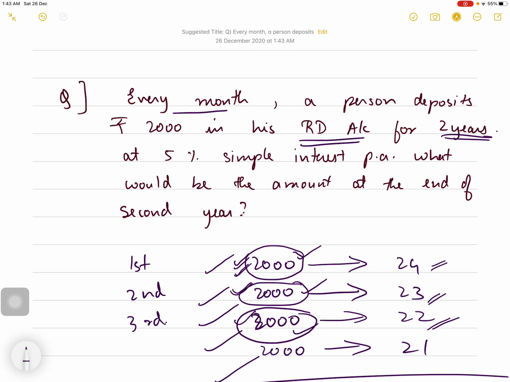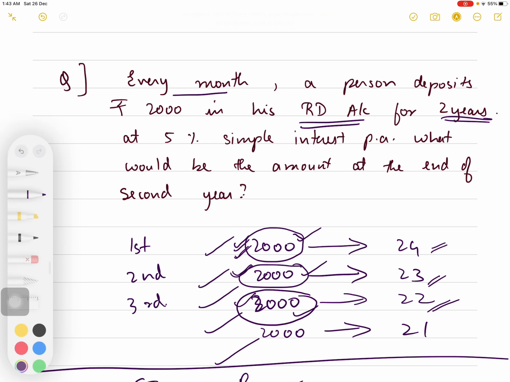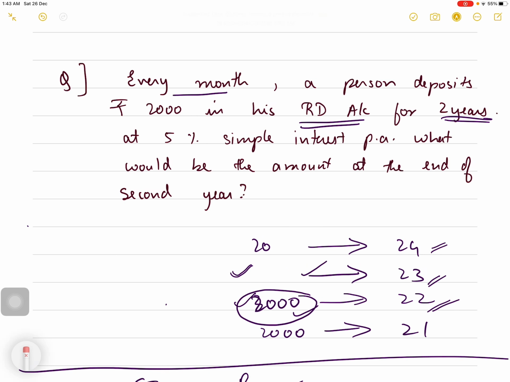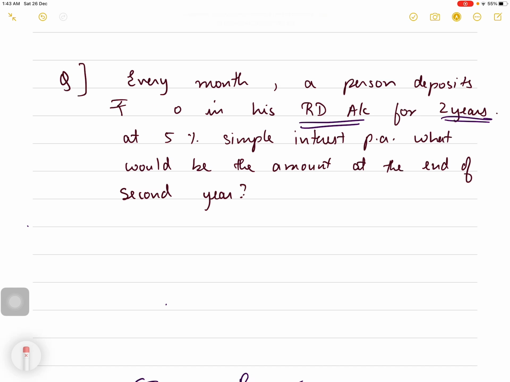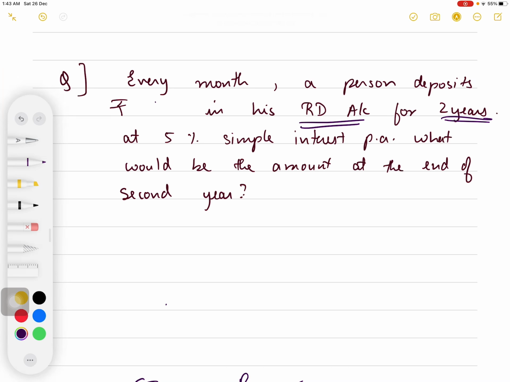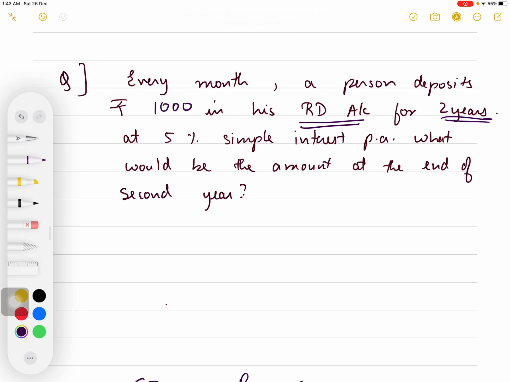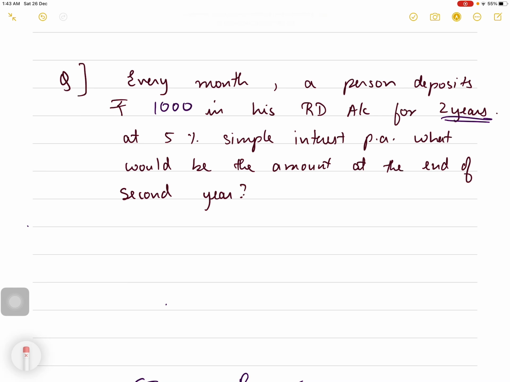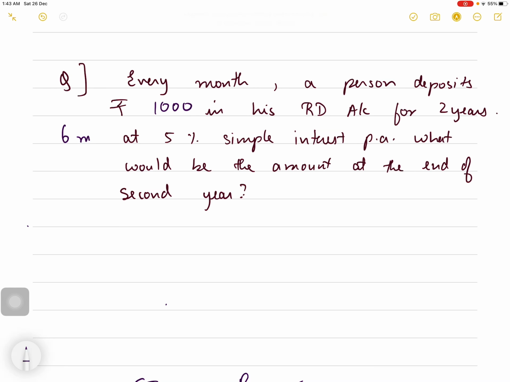You have to calculate the number of months. Okay, so the same question, if I change this question: every month a person deposits, instead of 2000 I'll write 1000, in his RD account for 2 years 6 months at 5% simple interest.